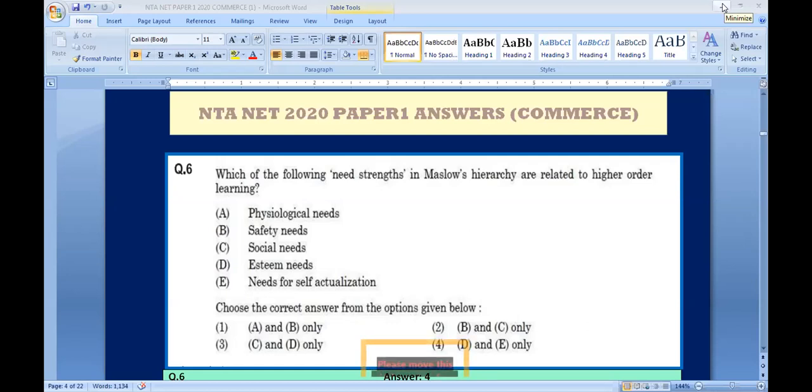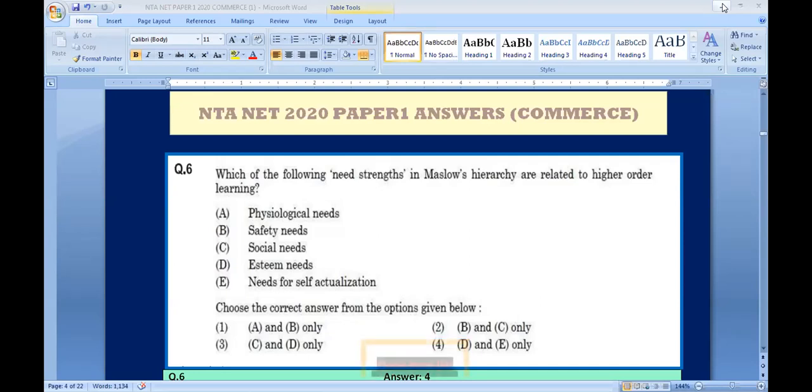The first need starts with physiological need, that is a food, water, shelter, something like that. Safety need. I need investment for my future. I need a buffer cash in my bank account for any emergencies. Social need. I want to become a member of many social clubs. I want to get recognized.